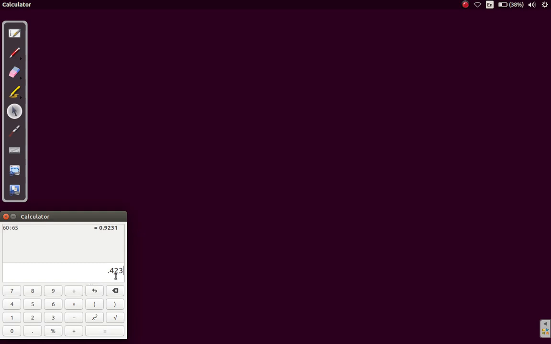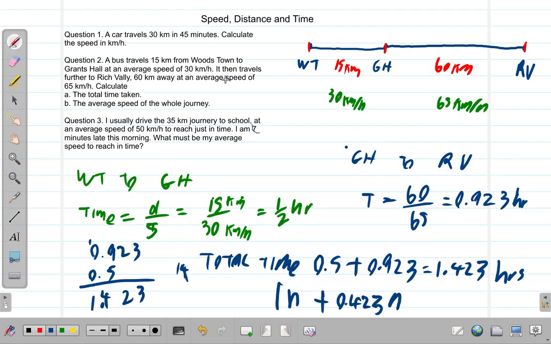So 0.423 hours, we multiply by 60 to get it in minutes. So it's 25 minutes. Alright? So it's 1 hour and we multiplied 0.423 by 60 and we got 25. So it's 1 hour and 25 minutes.